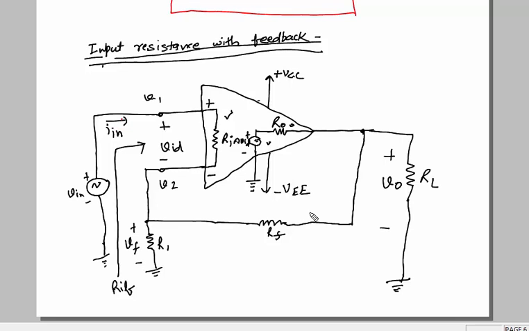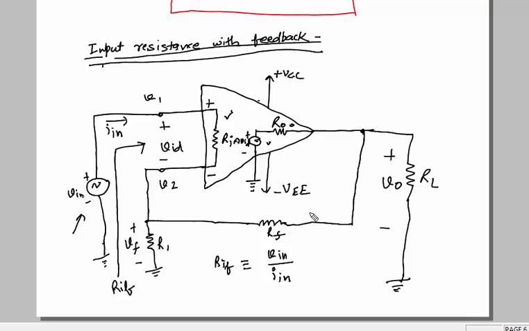RIF, the input resistance with feedback, is defined as V in divided by I in. The total input applied is V in, so how much resistance it is facing means V in divided by I in.